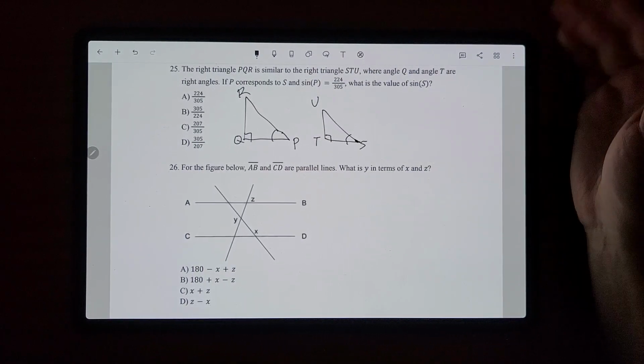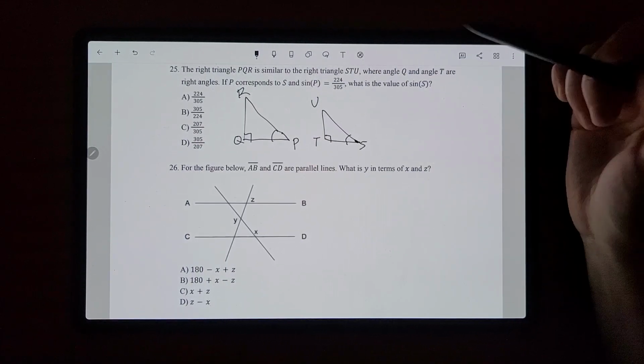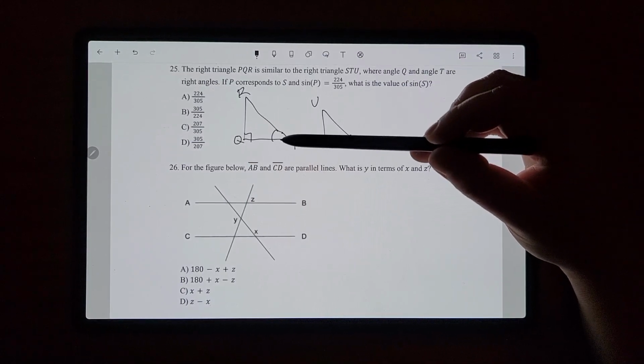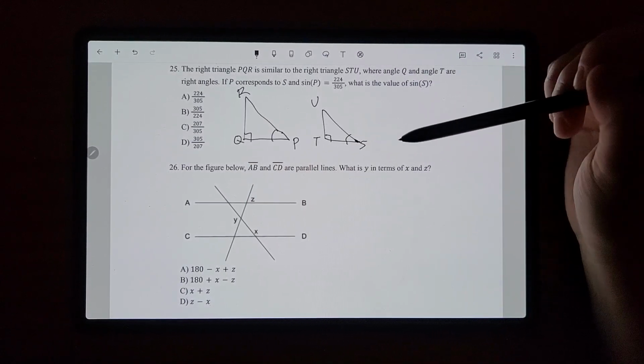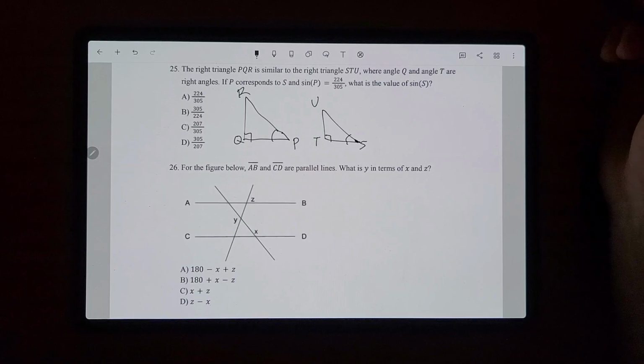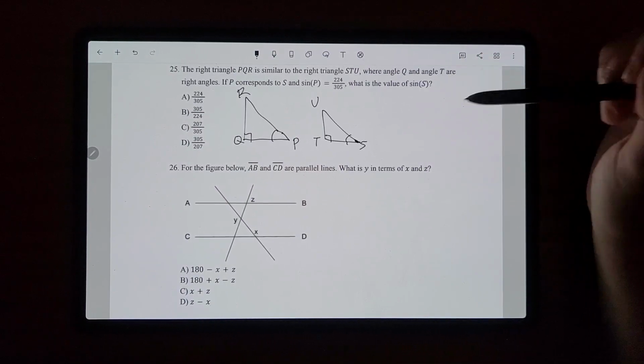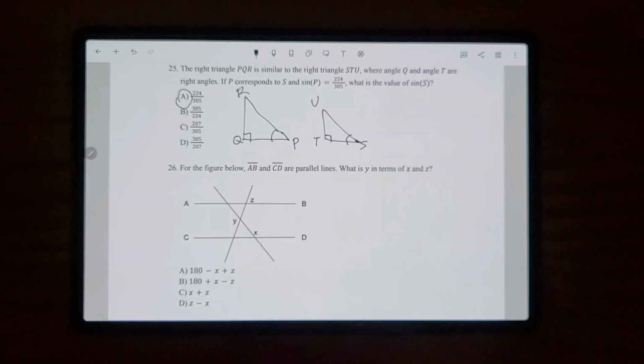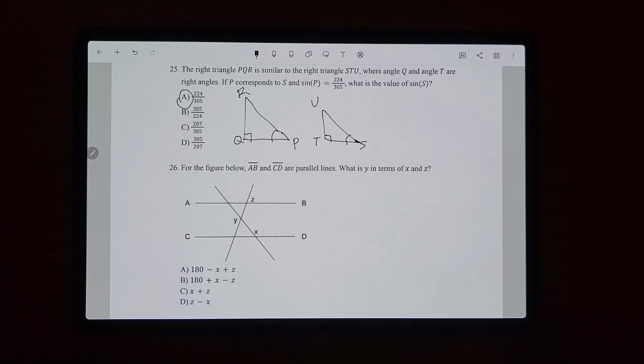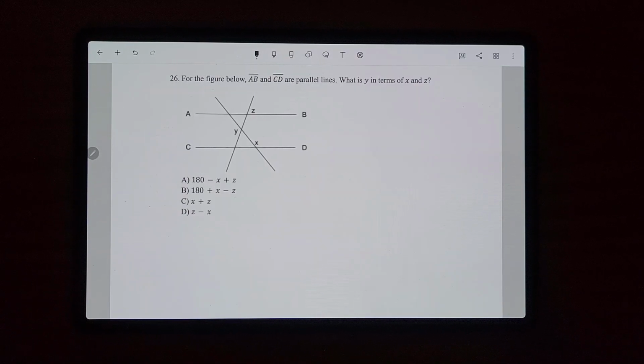These are the same degrees or radians, however you want to think about it. So if we have the same value for these angles, then their sines should be equivalent as well. So the sine of S is going to equal the sine of P, which we already know is 224 over 305.